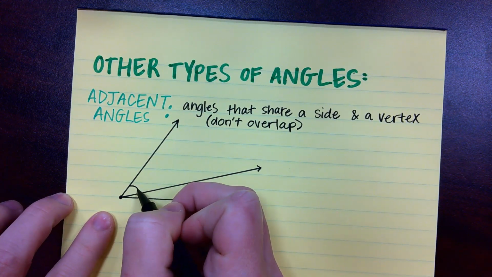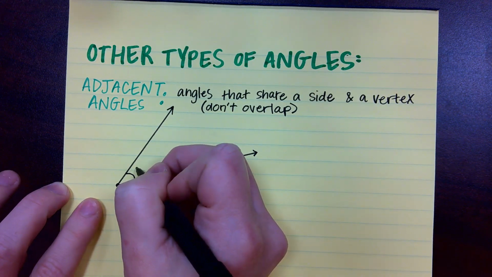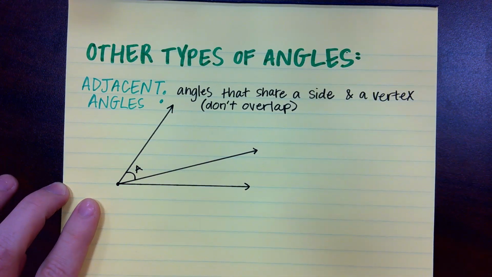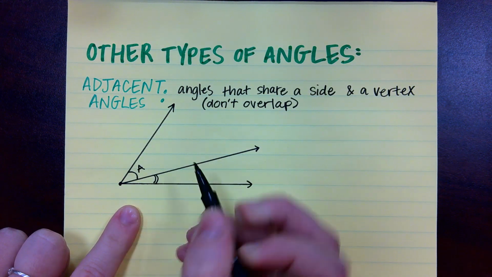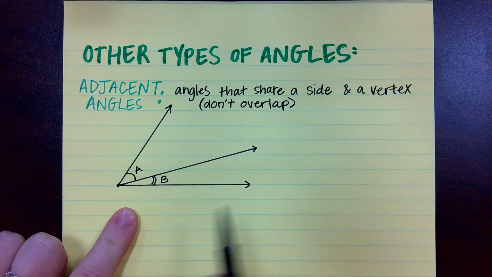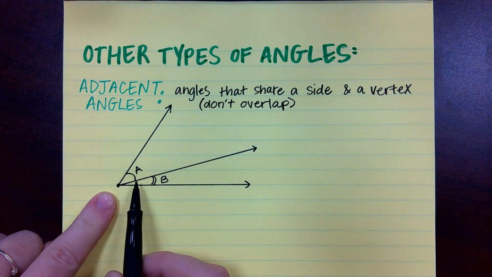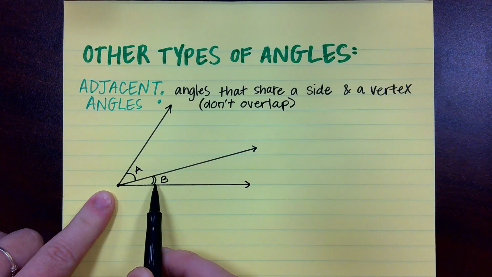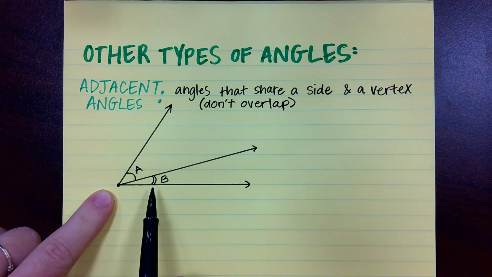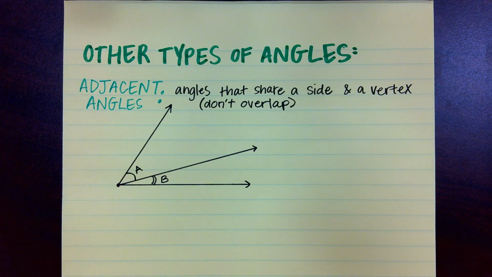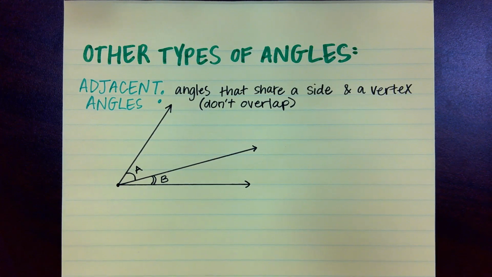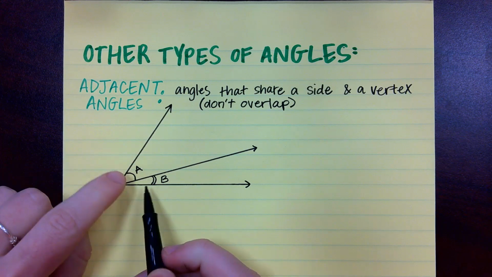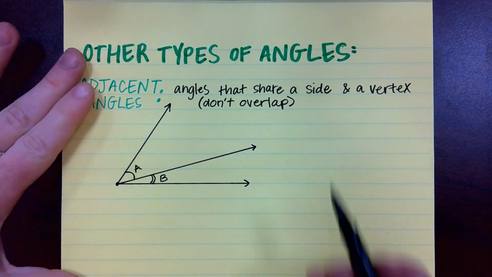We'll call this angle A. We'll call this other angle right here angle B. So notice how I put one arc on A and two arcs on B. I put a different number of arcs to show that they're not the same measure. We only put the same number of arcs, just like we did when we did the bisector for angles. We would do two arcs on both to show that they're the same measure. We do different numbers to show that they are not the same.